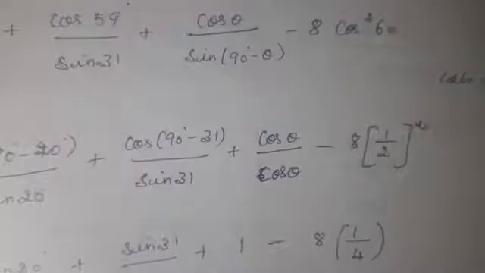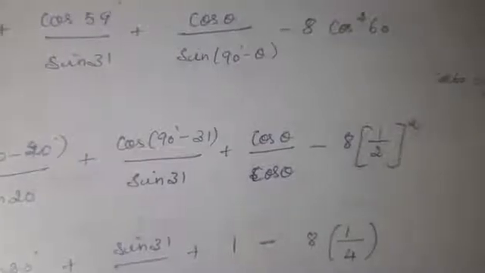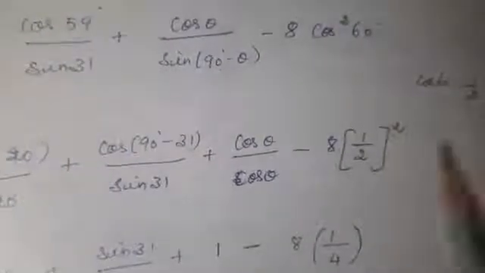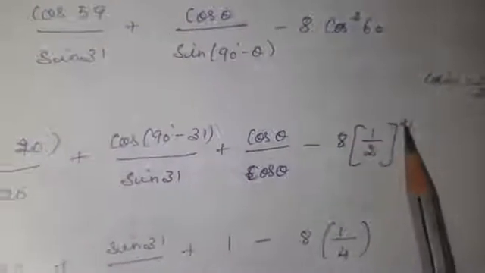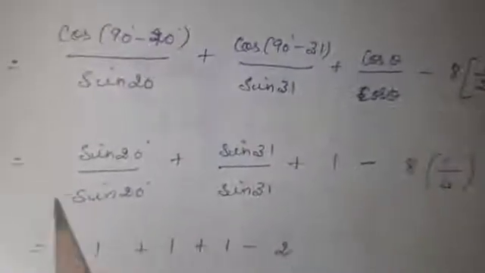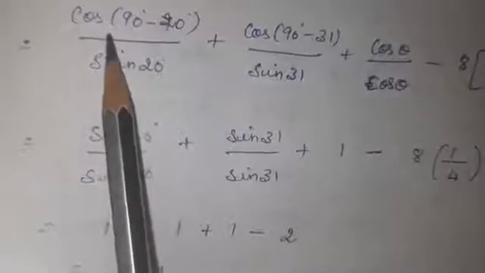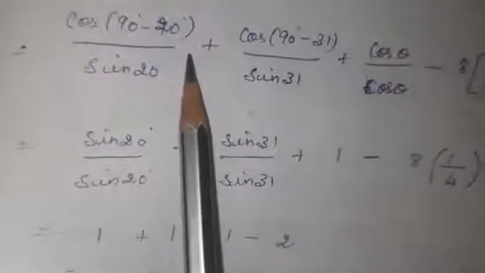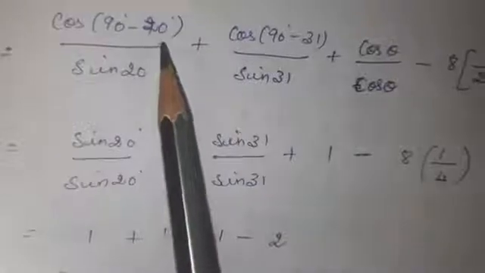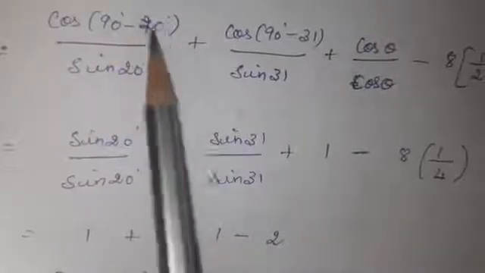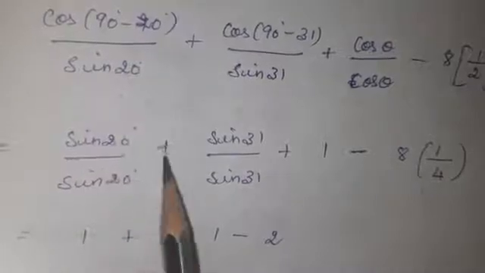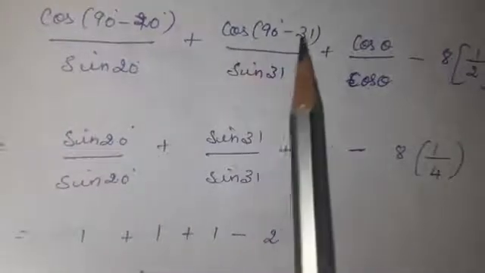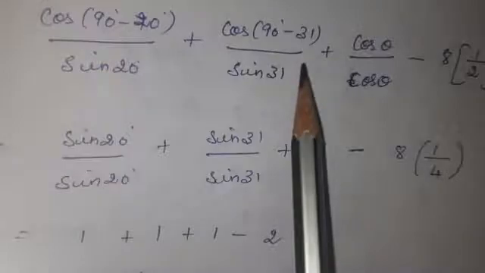Cos 60 degrees value is 1 by 2, and the square is given, so the whole squared. Next, what is the formula for cos of 90 minus theta? It is sin theta. In the theta place we have 20. So sin 20 degrees divided by sin 20 degrees, plus cos of 90 degrees minus theta, whose formula is sin theta.